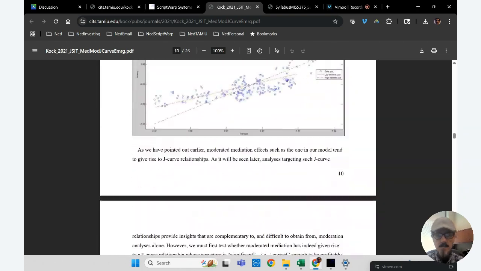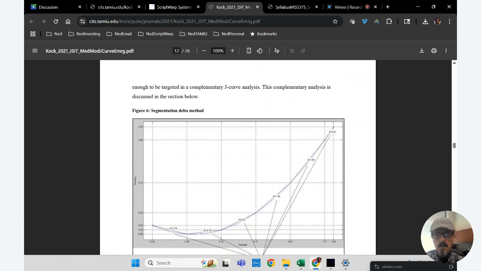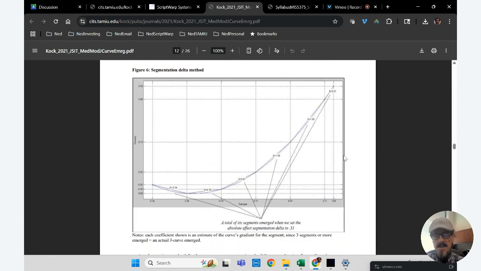The paper talks about a lot of things in detail, but there is a test, the segmentation delta test, which again is not something that you need to do for this class. But if you're curious, you can read this paper, and this is a method that allows you to find out whether a relationship is linear or nonlinear. And then you set the algorithm as nonlinear, and you conduct the analysis.